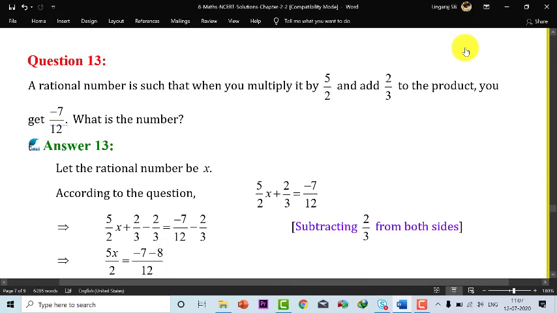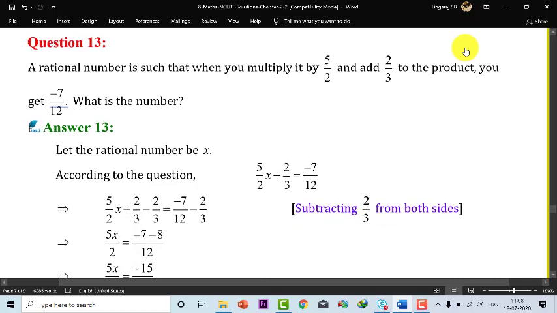Because in the given question, we don't know the rational number, so it will be considered x, and it will be multiplied by 5 by 2, 5 by 2 x, okay, and add 2 by 3. So the product you get is minus 7 by 12.